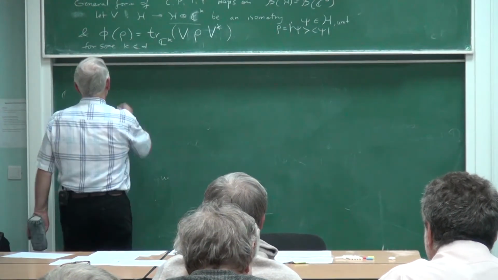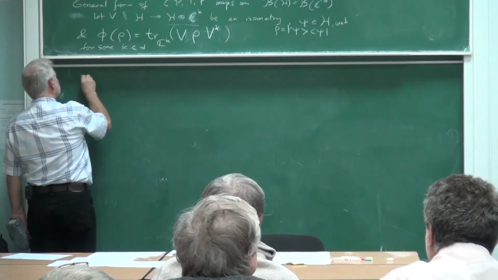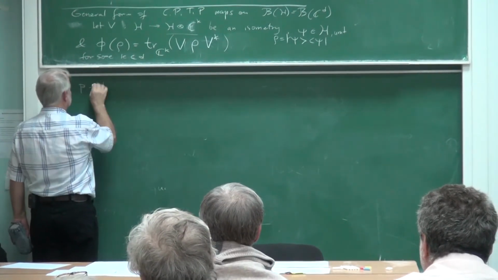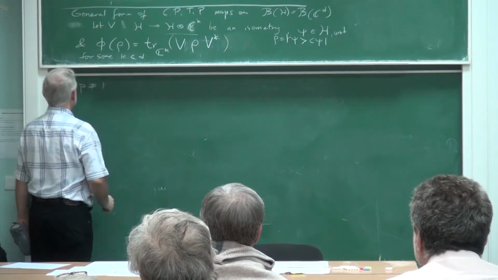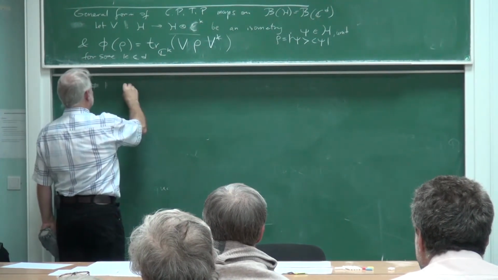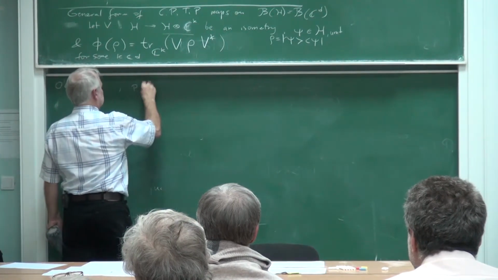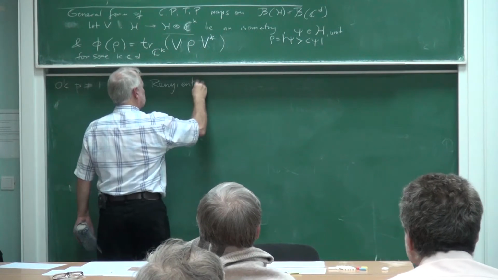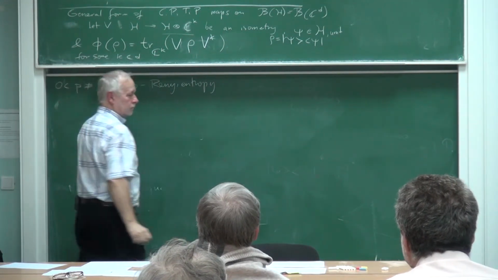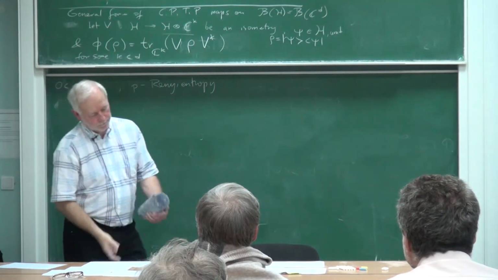So Renyi entropy, for p different from 1, positive and finite, or maybe not even finite, the p-Renyi entropy. And that's the following.